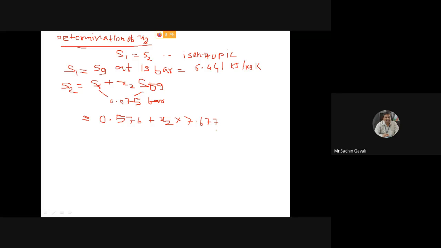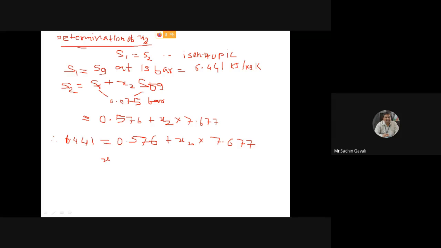Good. But we know that S1 is equal to S2, so this should be equal. Therefore, write the next equation with me. Everybody should write this numerical, very important. 6.441 is equal to 0.576 plus x2 into 7.677.